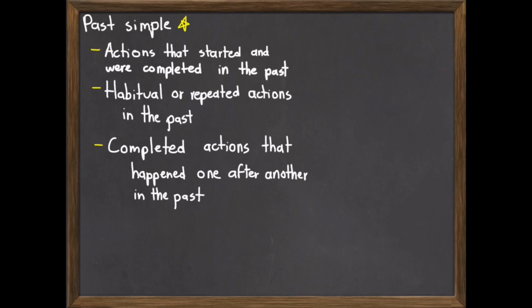And lastly, completed actions that happened one after the other in the past. For example, yesterday I got up at 8 o'clock, had breakfast, and left for school. Here the past simple verbs were got up, had breakfast, and left for school.